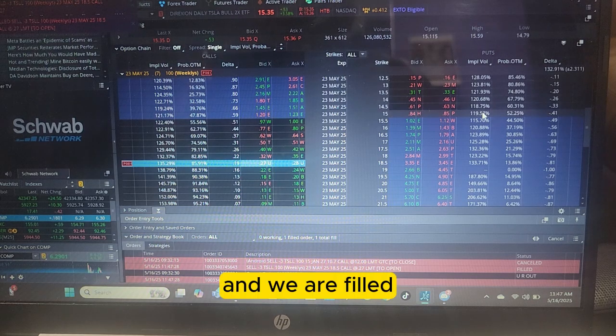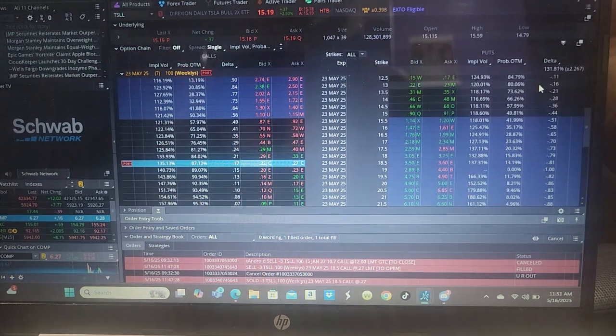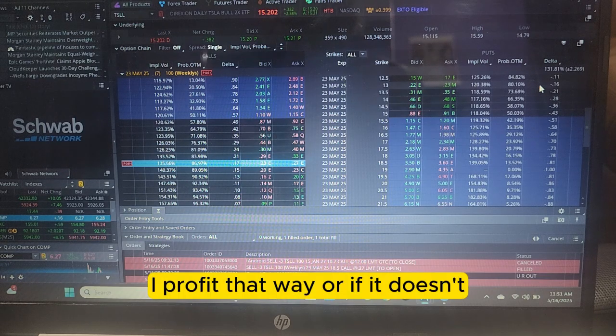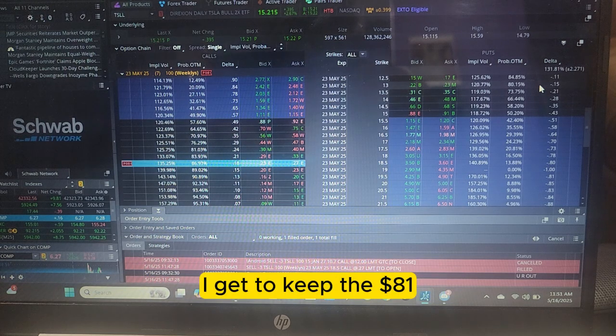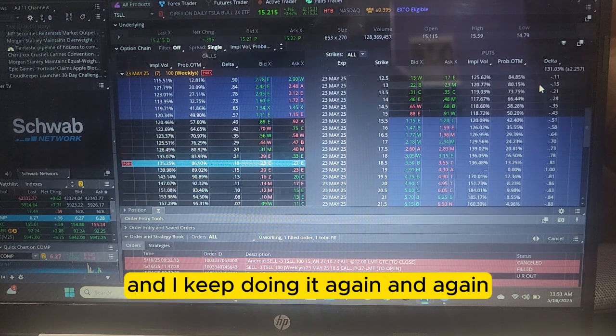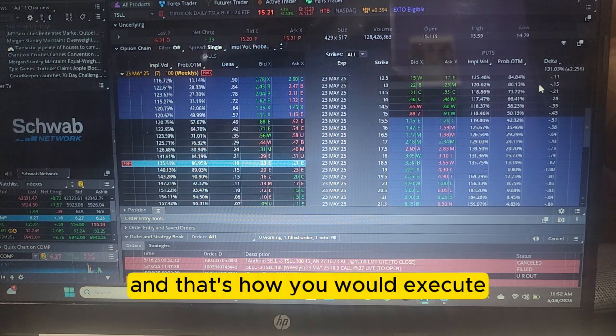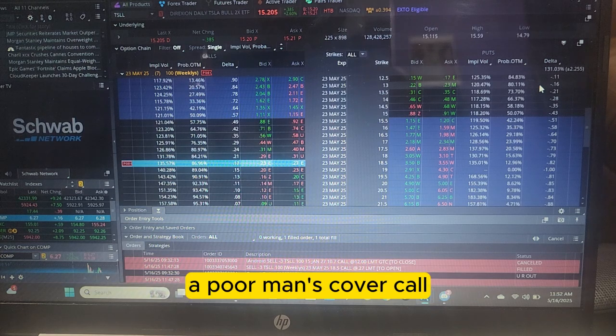And we are filled. So if TSLL actually goes to $18.50, I profit that way. Or if it doesn't, I get to keep the $81 and I keep doing it again and again for the next 2 years. And that's how you would execute poor man's covered call.